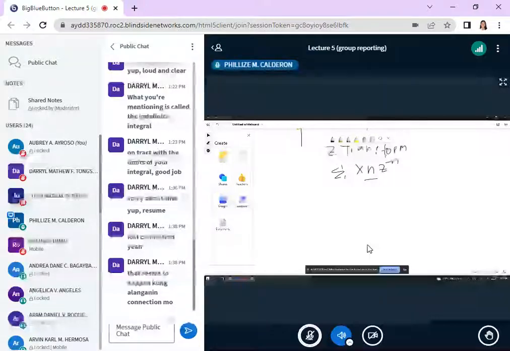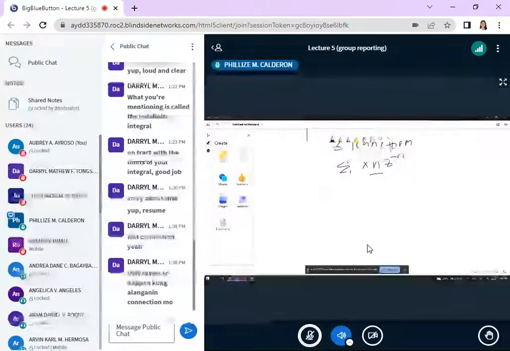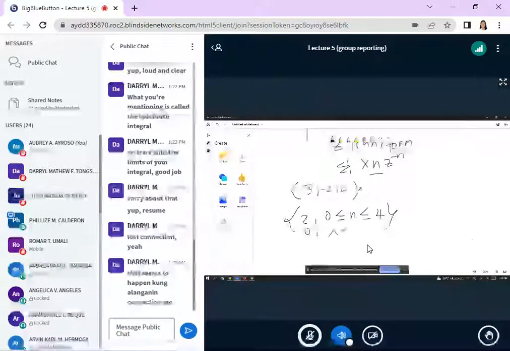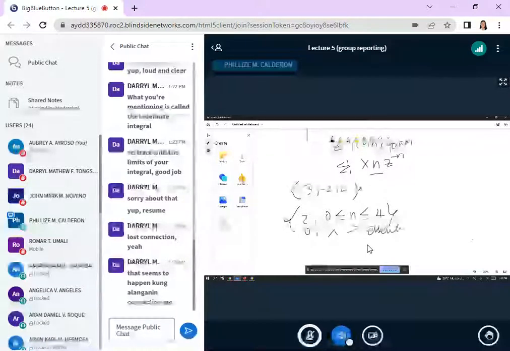Example natin sa 3, negative 2, 2. Then, meron tayo dito yung 2, elsewhere. So, meron na tayo yan.